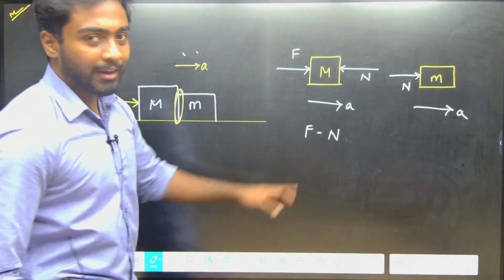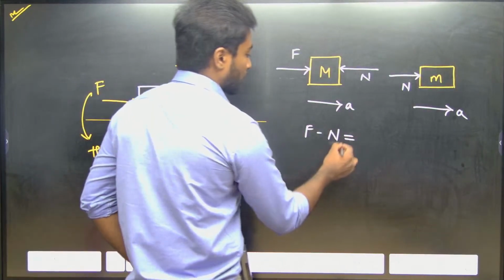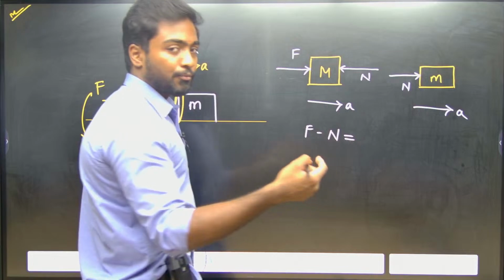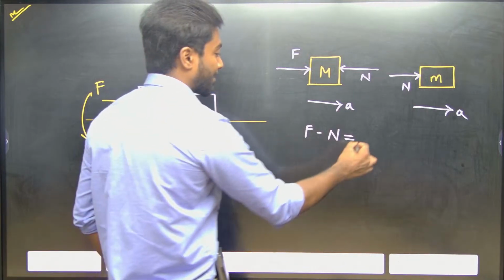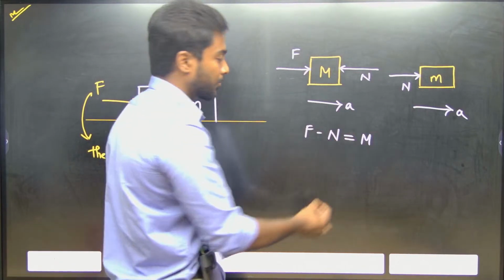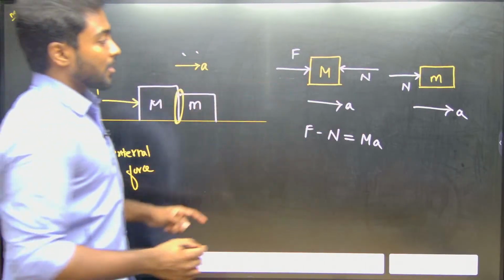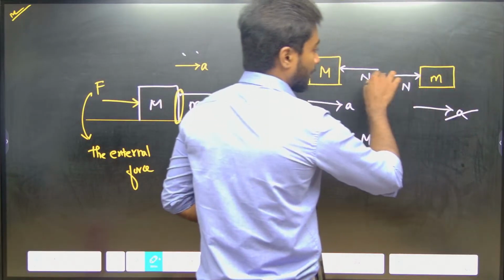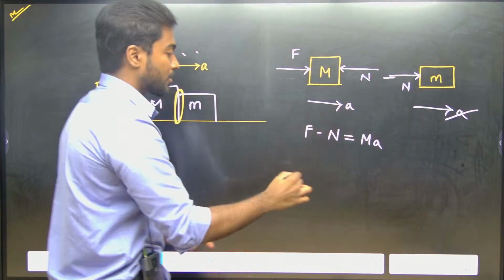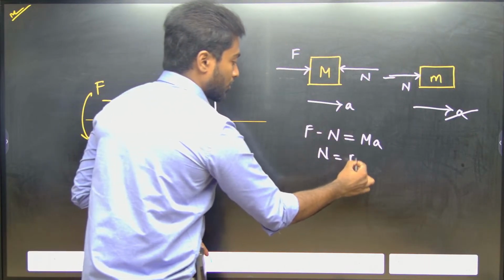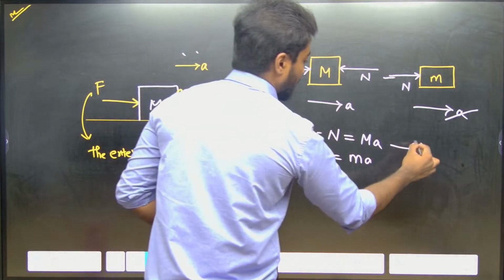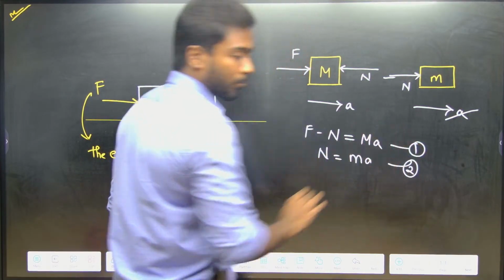So F minus N will be equal to mass into acceleration. What mass? Capital M, and the acceleration A. The next one, this is my direction and this is the only force, so N will be equal to small m into A. This is my equation 1, this is my equation 2.